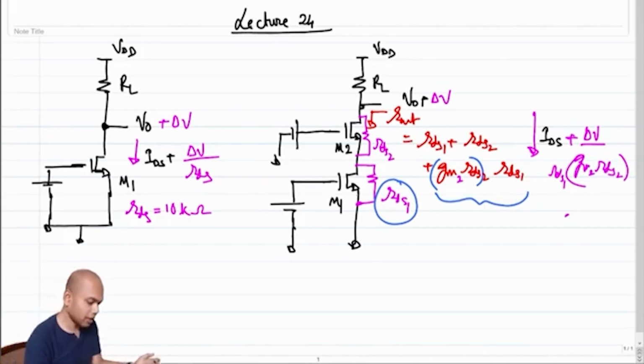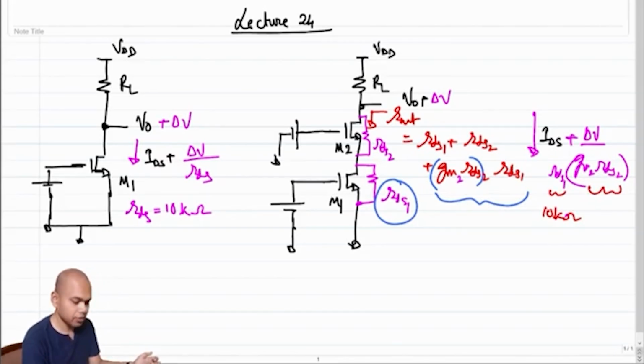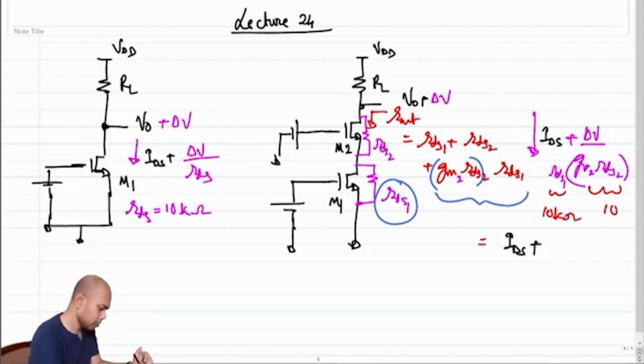Correct? So clearly, in this case, if RDS1 was 10 kilo ohm, and let's assume the intrinsic gain of the transistor was also approximately 10, the total current becomes IDS plus delta V over 100 kilo ohm.